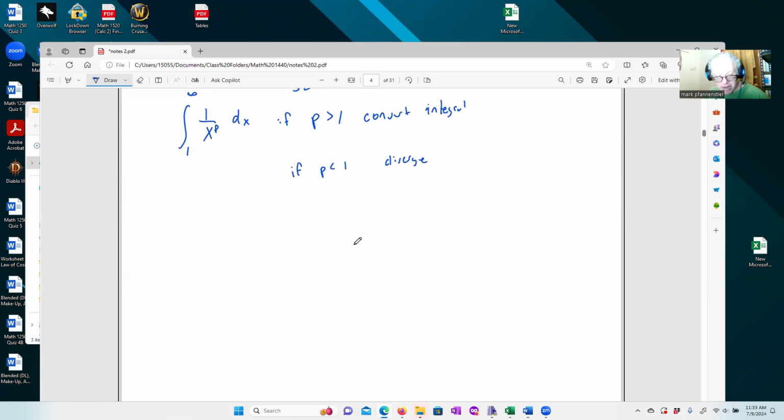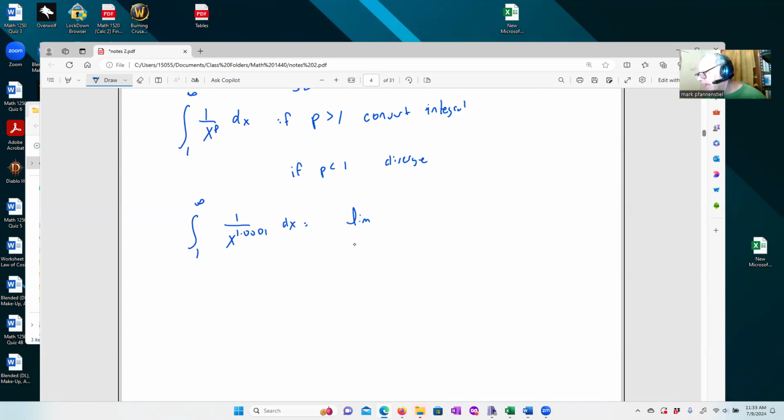And then you'll see a lot of integrals, a lot of problems, and I'll do one right now. If I want to go from 1 to infinity of 1 over x to the 1.0001, we're going to go ahead and change our limit.